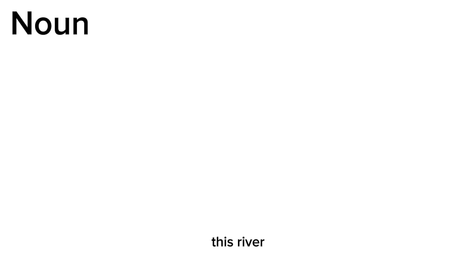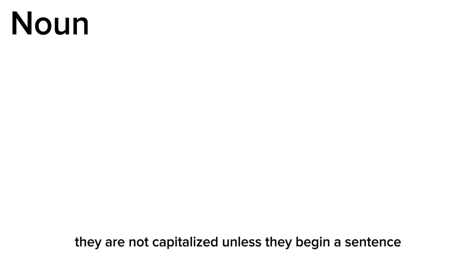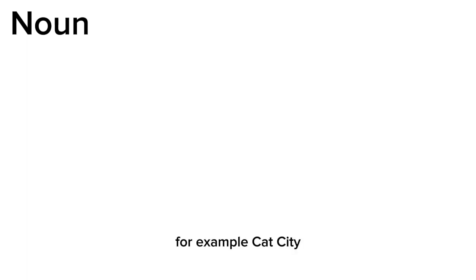These refer to general categories of people, places, things, or ideas. They are not capitalized unless they begin a sentence. For example, cat, city, book, and tree.